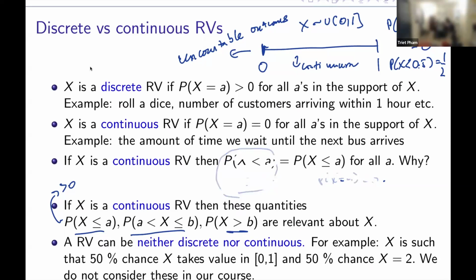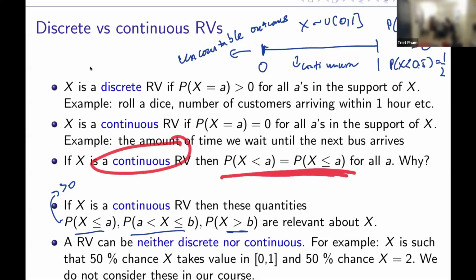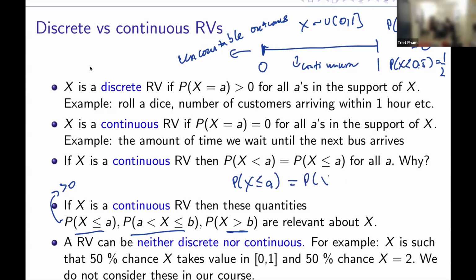Okay. So let's go back to this remark. For a continuous random variable, this and that are equal. We see why. What's the proof? The proof is this is equal to this plus that.